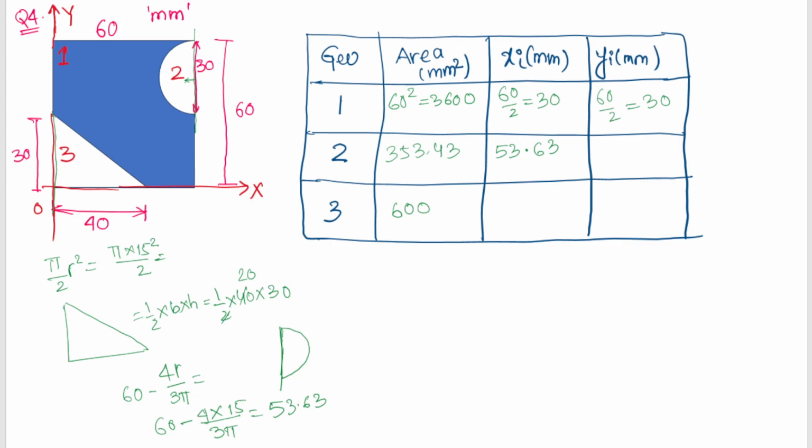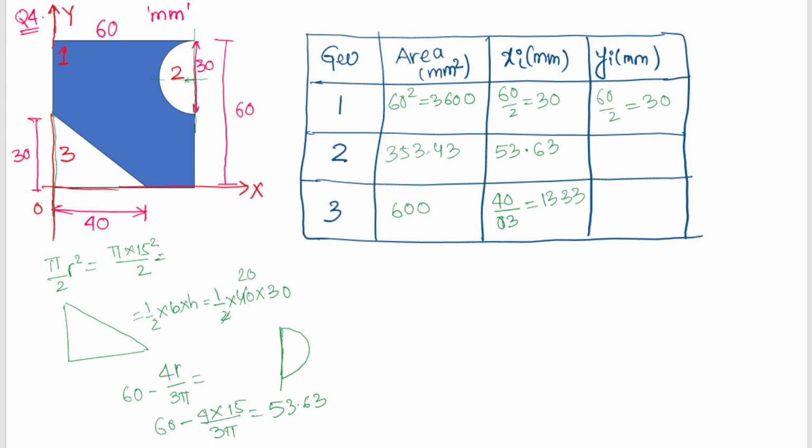For area 3, it is in contact, no problem. And we know that from the base, the centroid is at 1/3 the height. The length in x direction is 40, so 40 by 3 is 13.33. Let's find y2.